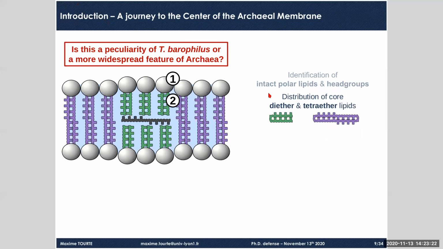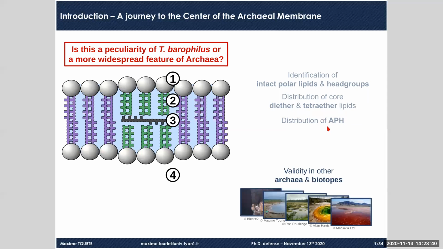And finally, we will see the innermost layer of the archaeal membrane, where these apolar polyisoprenoid hydrocarbons are supposed to lie. As our goal was at first to determine whether our organization could be extended to other archaea, of course, we will look at this lipid composition in a variety of archaea and environmental settings.